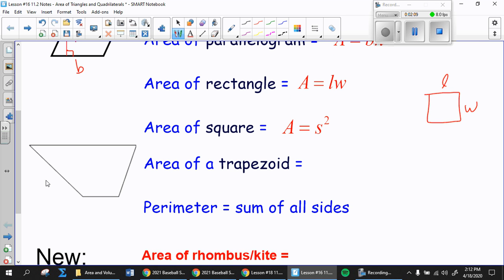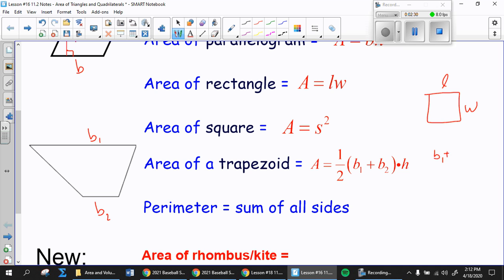Trapezoid. Here's an example of a trapezoid. Remember, a trapezoid has one pair of parallel sides. On a trapezoid, we call these the bases, and you're going to notice here we call it base 1 and base 2. So area of a trapezoid is 1/2 base 1 plus base 2 times height.